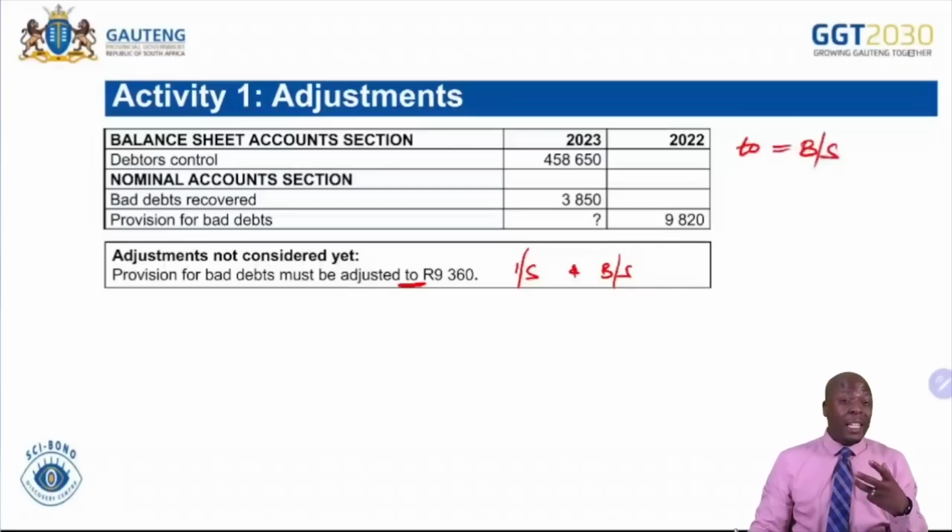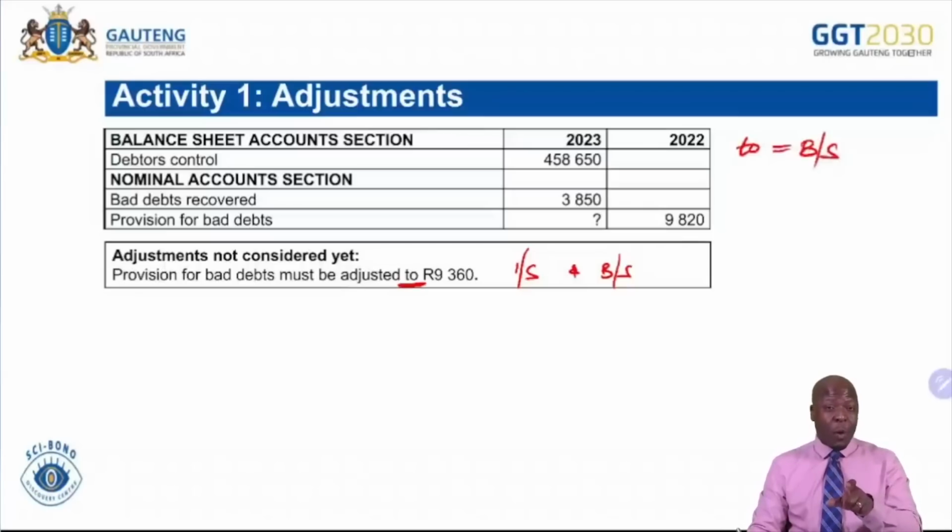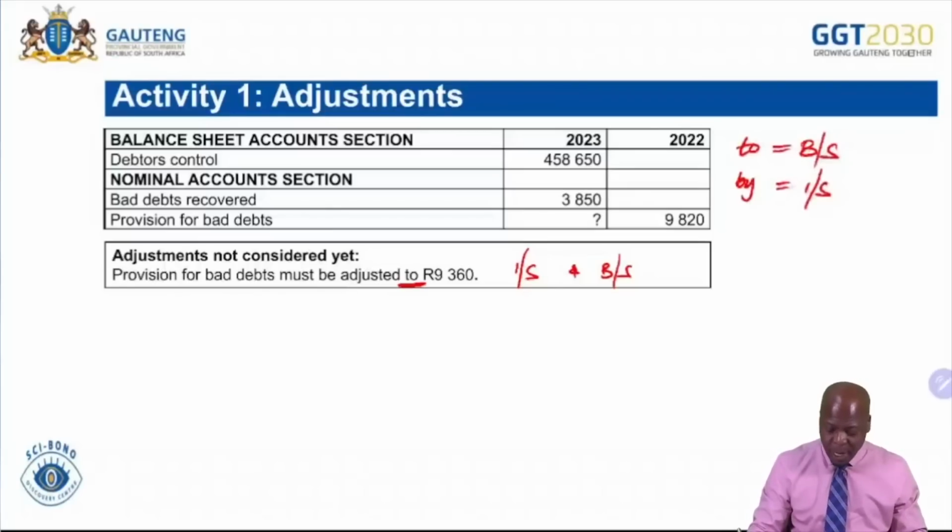But you will find this adjustment coming in a different way, whereby they will say provision for bad debts must be adjusted by. So once you get the by goes to your income statement. Let's see if we can get the by, because in this case we're going to do the income statement first.